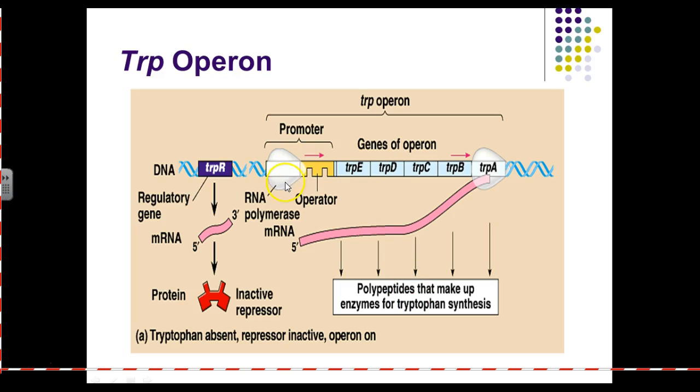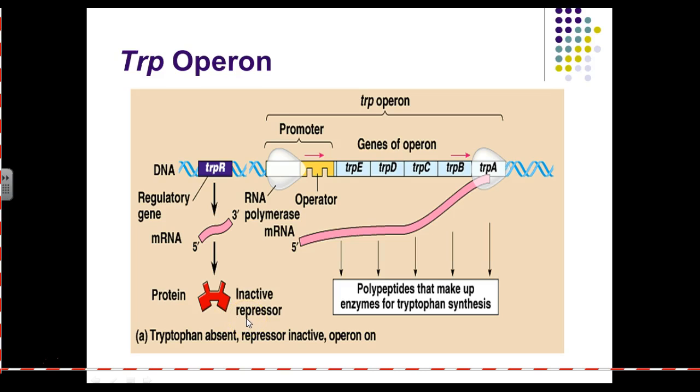Up in front of the promoter region, in front of every operon, there is another very important gene known as a regulatory gene. And the job of that regulatory gene, labeled here TRPR, R for regulatory gene, is when this particular section of DNA is transcribed into mRNA and then translated into a protein, this protein that it codes for is a special molecule called a repressor.